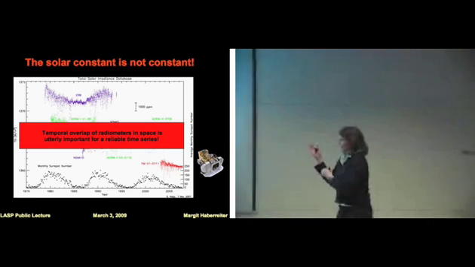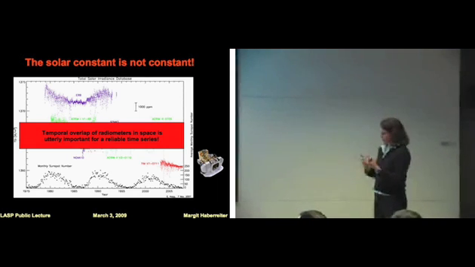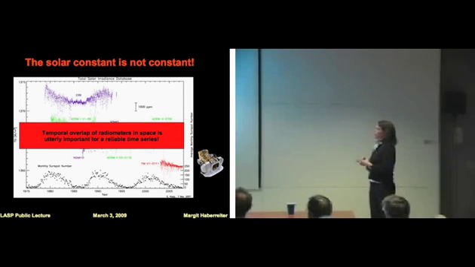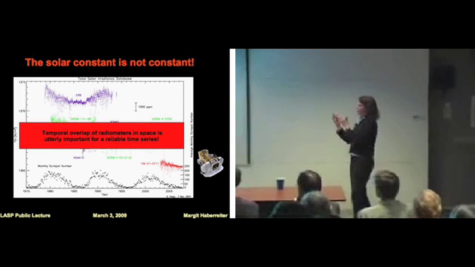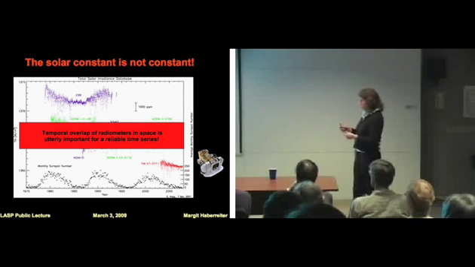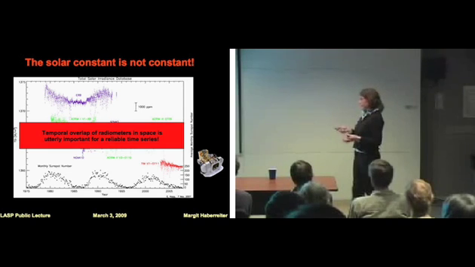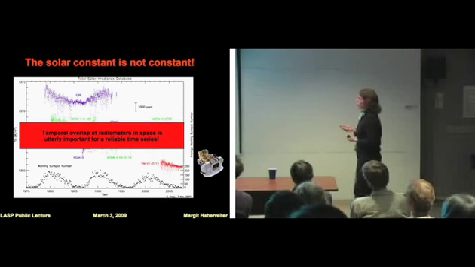Now, we've seen there are many features that change on a temporal and spatial scale. And now, how about if we look at the integrated solar spectrum? Remember, I've shown you the spectrum observed with the SIM instrument and the SOLSTICE instrument. Now, if we add up this energy over all wavelength ranges, we get the parameter that's called the total solar irradiance.